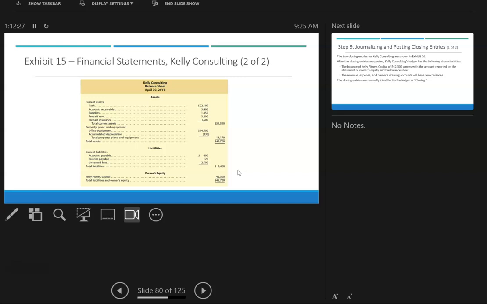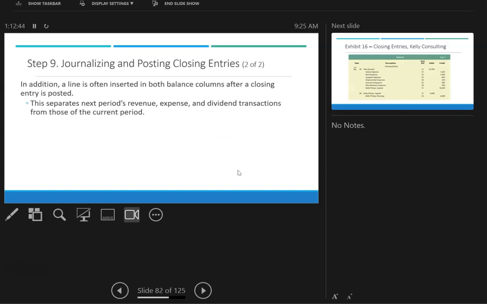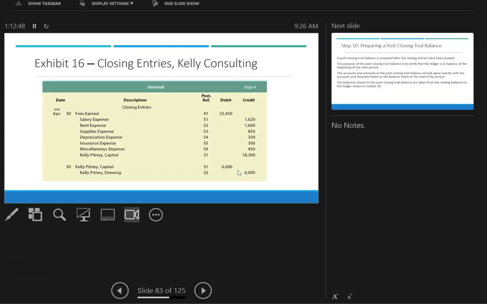Once we do those statements, we then need to close our temporary accounts. Our temporary accounts is everything on the income statement, revenues, expenses, and our drawing. All of those zero out and we put them into the capital account.